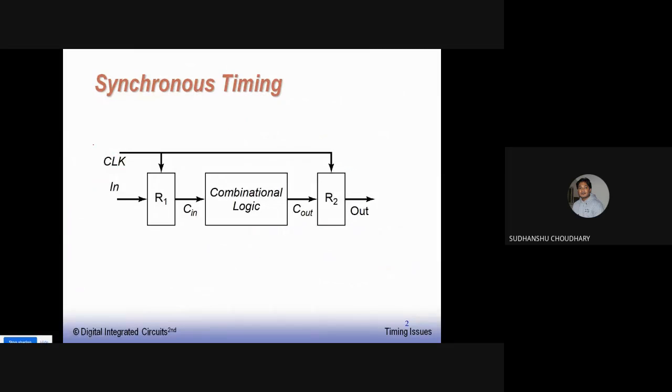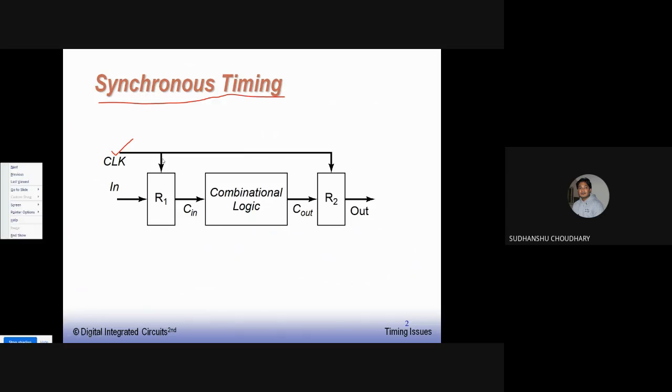In a synchronous circuit, this timing comes from the arrival of the clock signal. In a synchronous system, the entire circuit operation is synchronized and controlled by a single common global clock, which synchronizes all events in the circuit or on chip.